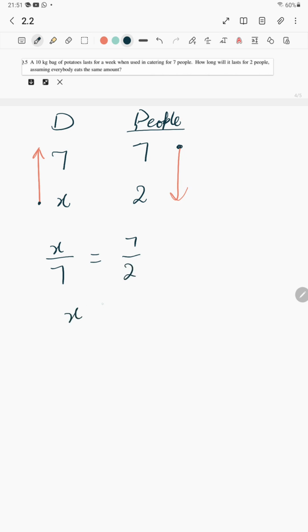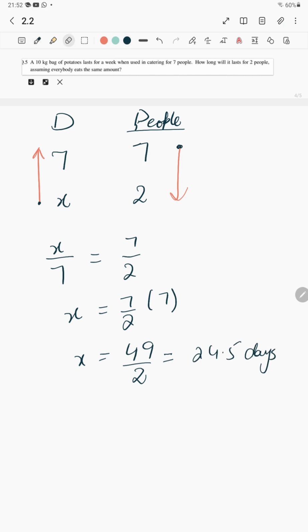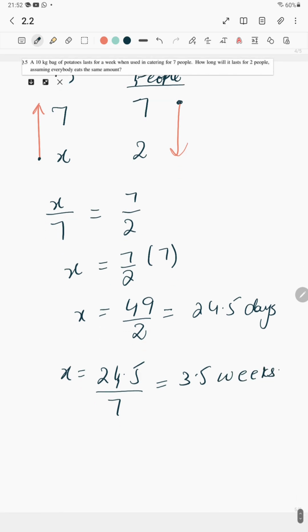So x is equal to 7 by 2 into 7, which is 49 by 2, which is 24.5 days. You can also convert it into weeks, because it was given for 1 week. So in weeks it would be 24.5 divided by 7, which is equal to 3.5 weeks. So it's going to last 3.5 weeks.